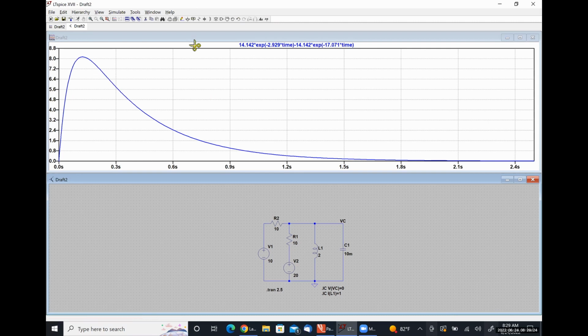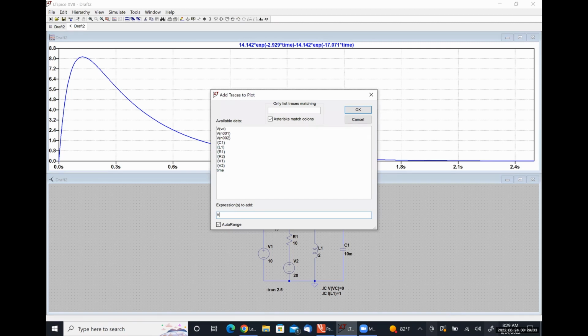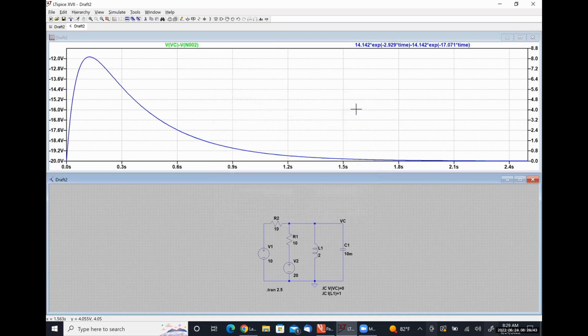So what I'm going to do is plot my resistor voltage. I'm going to right-click here and add a trace. So this should be the voltage at node VC minus the voltage at node 2, which is the voltage drop over my resistor.